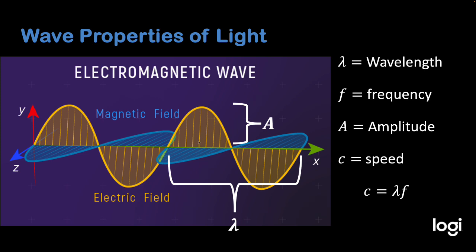So we have an amplitude for the electric field here in this yellow gold color, and we also have a magnetic field oscillation that's going to reach its maximum at the same time that this reaches its maximum, but it's going to be a different amplitude. So we'll have some amplitude of the magnetic field measured in Tesla. We'll have some amplitude of the electric field measured in newtons per coulomb, or volts per meter.